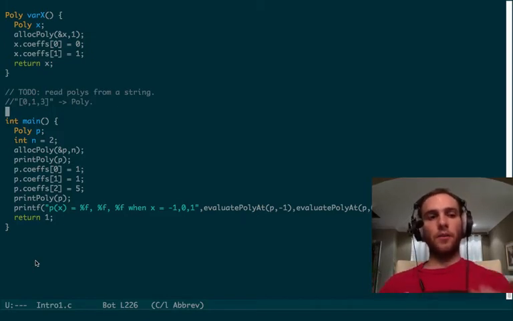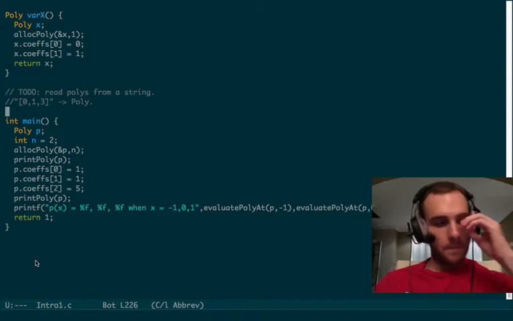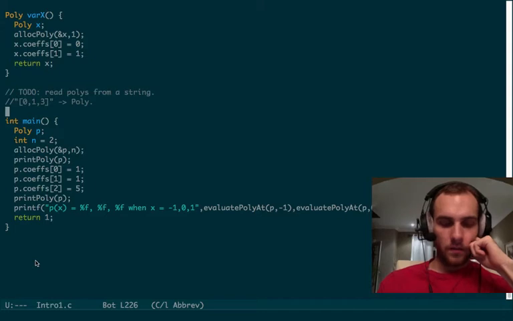So the best trade-off possible in this case would be something that's really convenient to use, that allows you to quickly describe what you want.